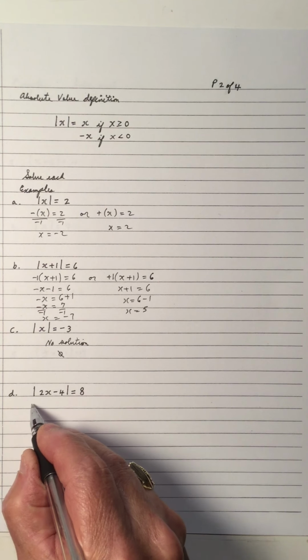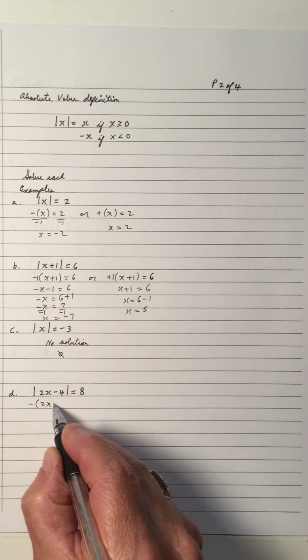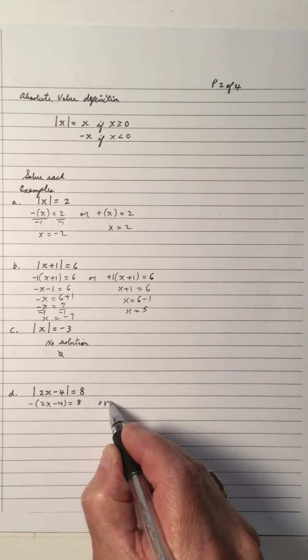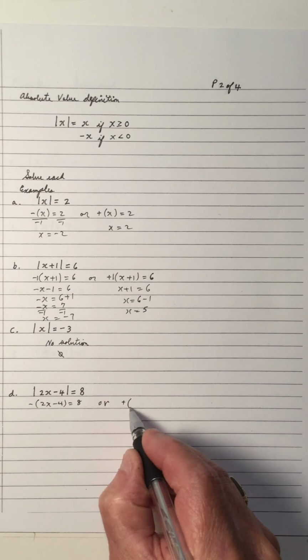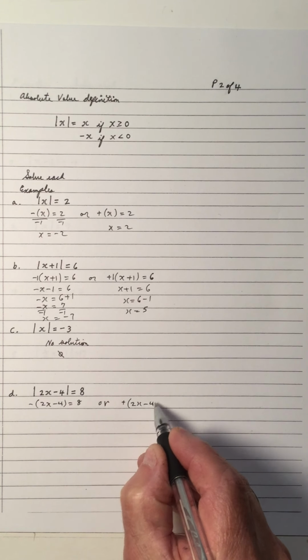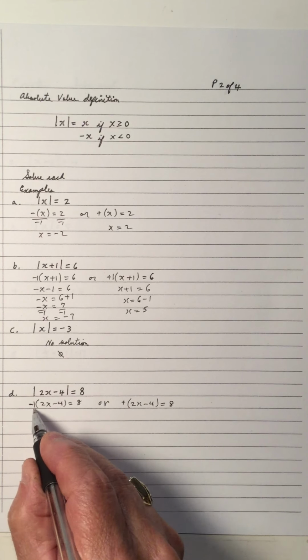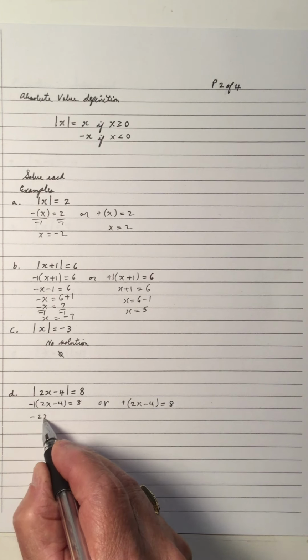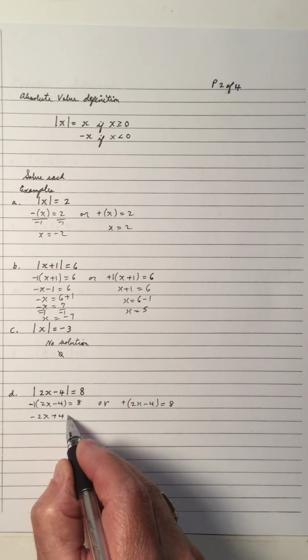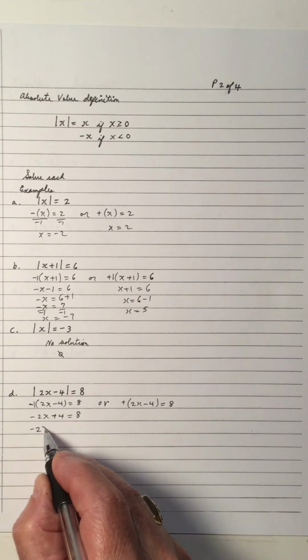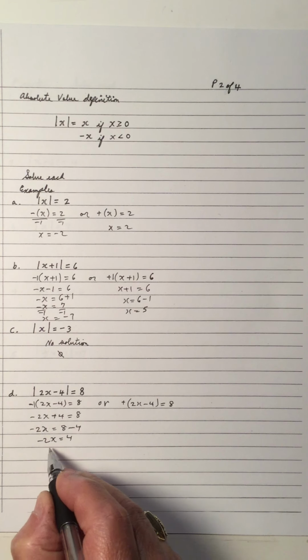Let's go with the negative of 2x minus 4 equals 8, or the positive of 2x minus 4 equals 8. This is -1 times this expression, so it's -2x plus 4 equals 8. -2x equals 8 minus 4. -2x equals 4.